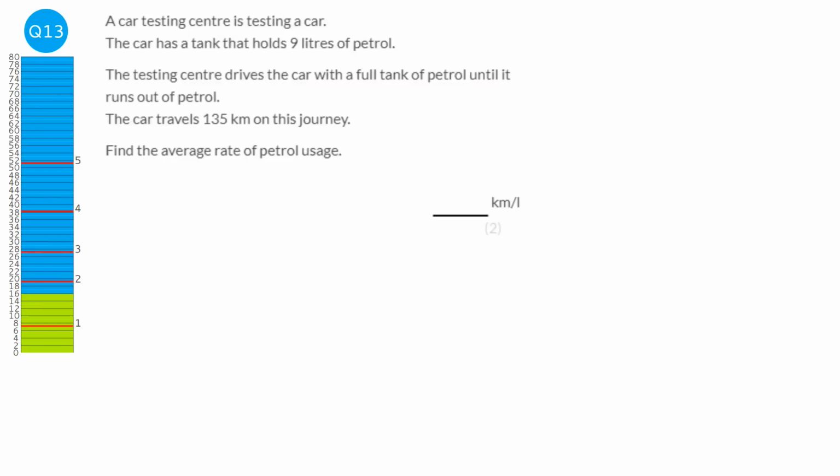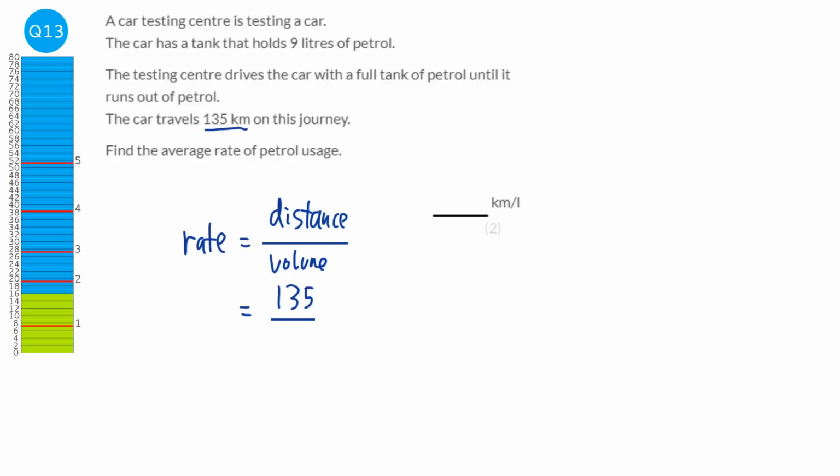To find the average rate of petrol usage, which I'm just going to call rate, what we're going to do is we're going to get the distance travelled by the car, and we're going to divide that by the amount of fuel used. So the volume of the fuel used. So the distance was 135 kilometers.